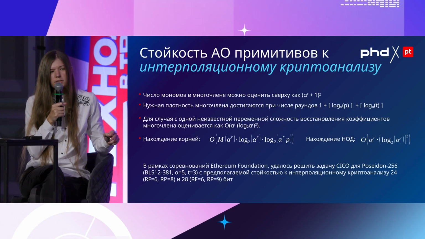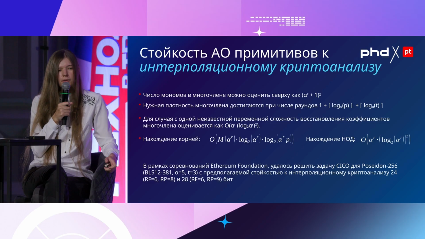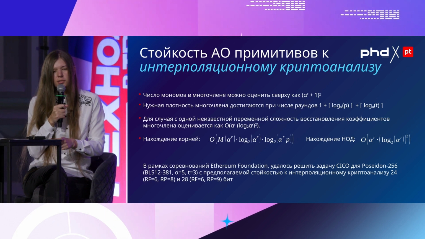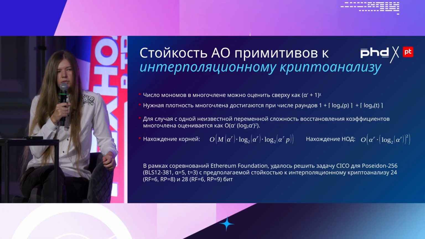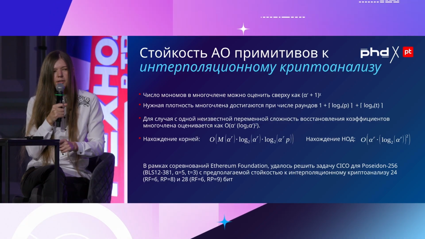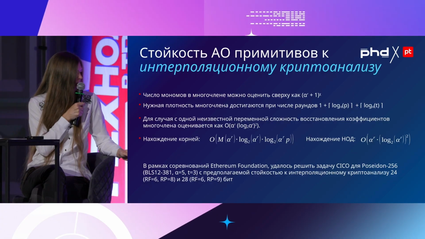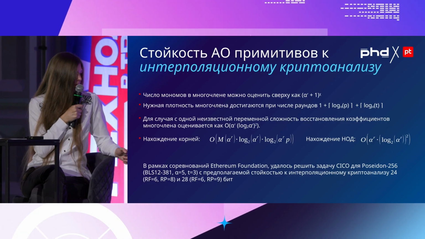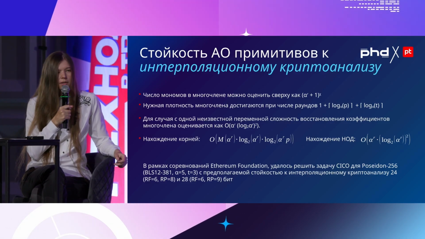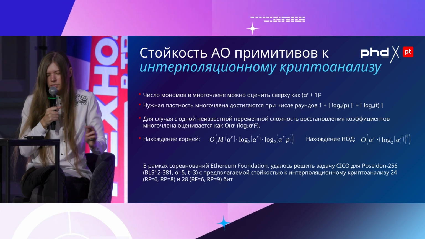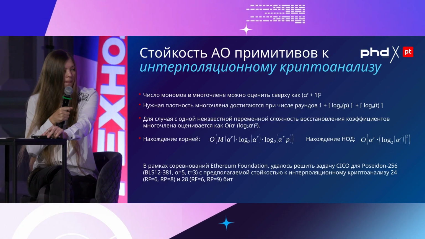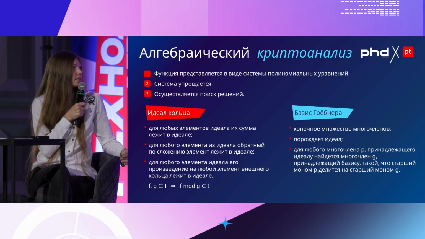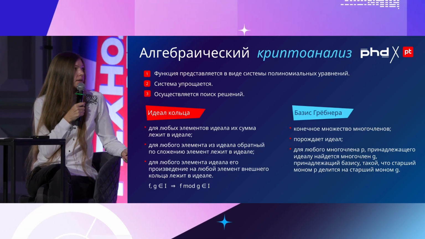There they were looking for a kind of hash pre-image where you know a certain number of bits or words, while the hash of the pre-image has to be such that a number of bits or words from it are also known. The instances of Poseidon 256 had robustness to interpolation cryptanalysis values of 24 and 28 bits. So far, nobody has done that for Poseidon 256 with robustness value of 32.